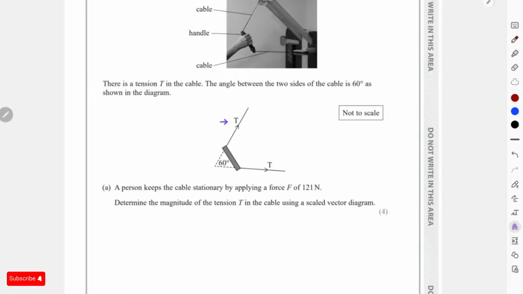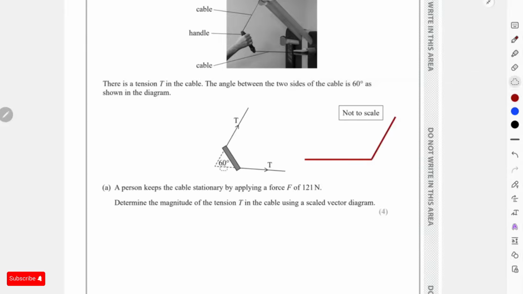Since the tensions in the two cables are equal, what you're supposed to do is draw a parallelogram. As you can see, the two cables are 60 degrees away from each other. So we'll draw this horizontal force, and another force over here, and the angle in between them is 60 degrees.